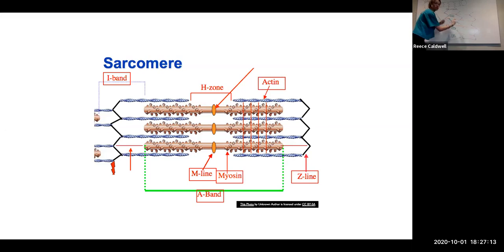And whenever you want to flex or contract your muscle, those myosin heads will pull the actin filaments closer to the M line. Here is the M line.